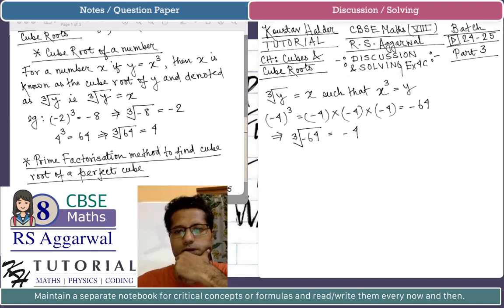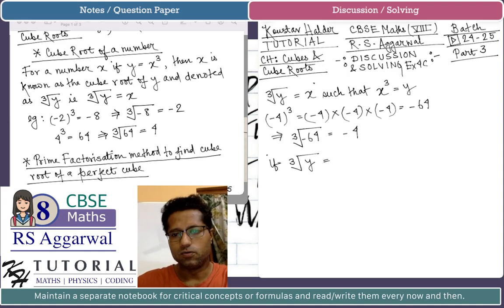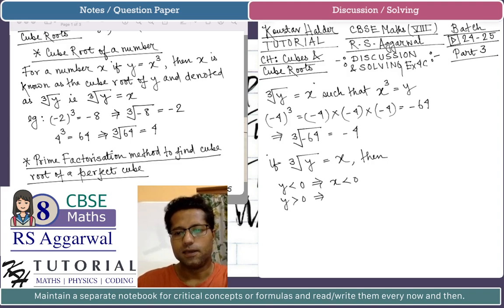So from here, we can say that if cube root of y is equal to x, then y less than 0 will imply x less than 0, and y greater than 0 will imply x greater than 0.